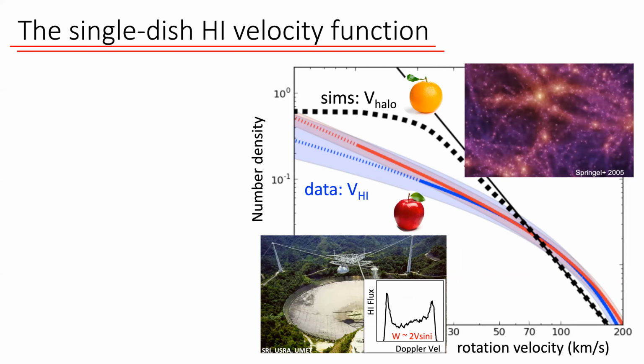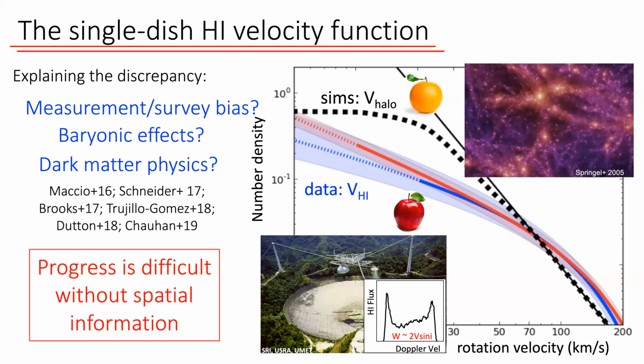Whereas the simulations are often predicting V halo, which is the peak velocity implied by the mass distribution of the dark matter halo. And so there's been a lot of work trying to reconcile V_HI and V halo for local volume galaxies, invoking everything from measurement errors to baryonic effects, dark matter physics. But the point here is that progress is difficult because there's no spatial information in the observations. So if we don't know what those galaxies look like morphologically or kinematically, it's very difficult to relate the two.